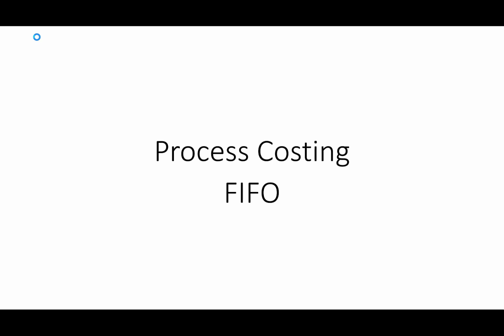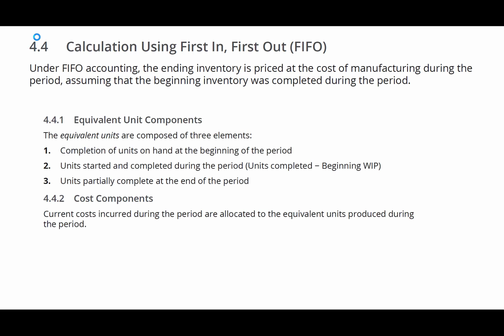And we'll only give ourselves credit for that 60%. In weighted average, we just assume we did all that work this period, right? Okay. The other big difference is how we treat the cost. Instead of picking up the cost in the beginning inventory, we will only pick up the costs that were added this period in calculating our cost per equivalent unit. That's the big difference. Okay, so let's just go ahead and take a look.